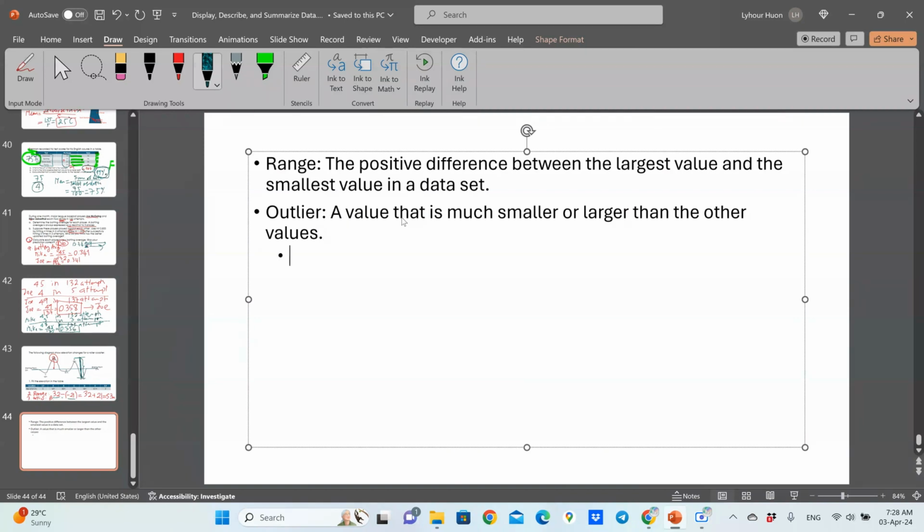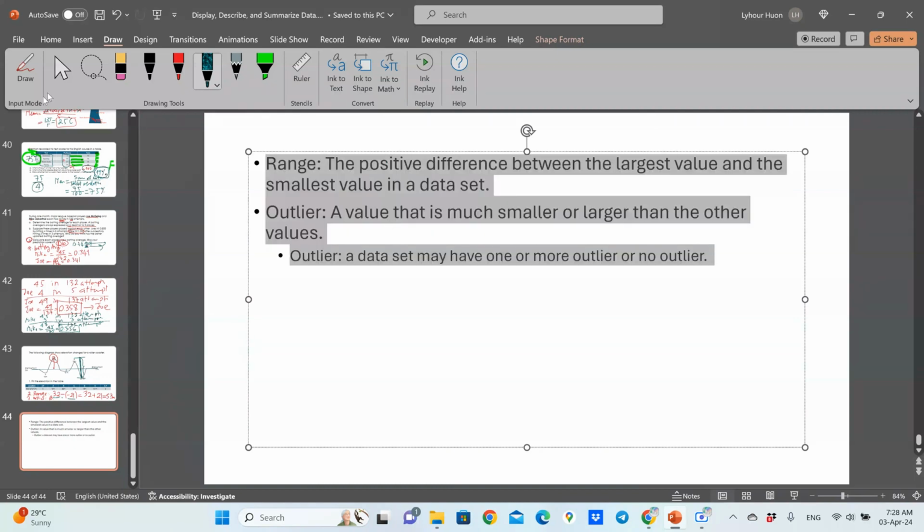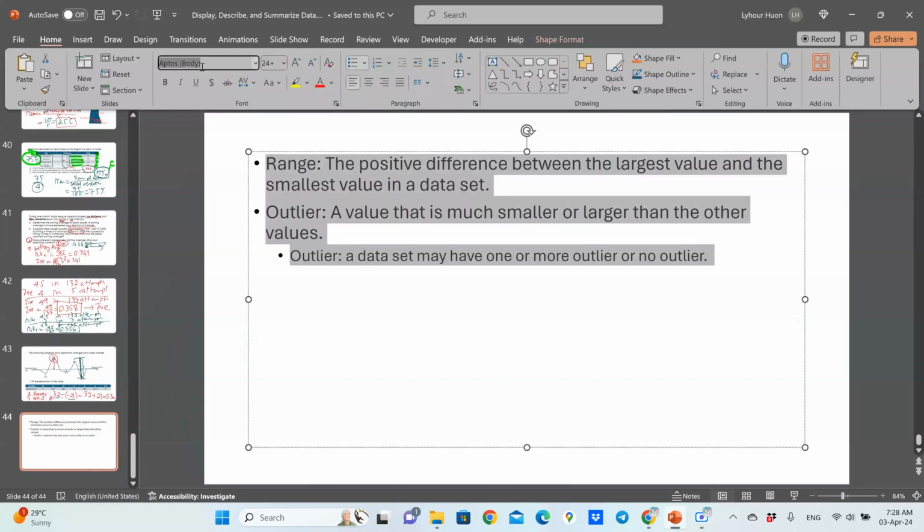And note that a data set may have one outlier, one or more outliers, or no outliers.